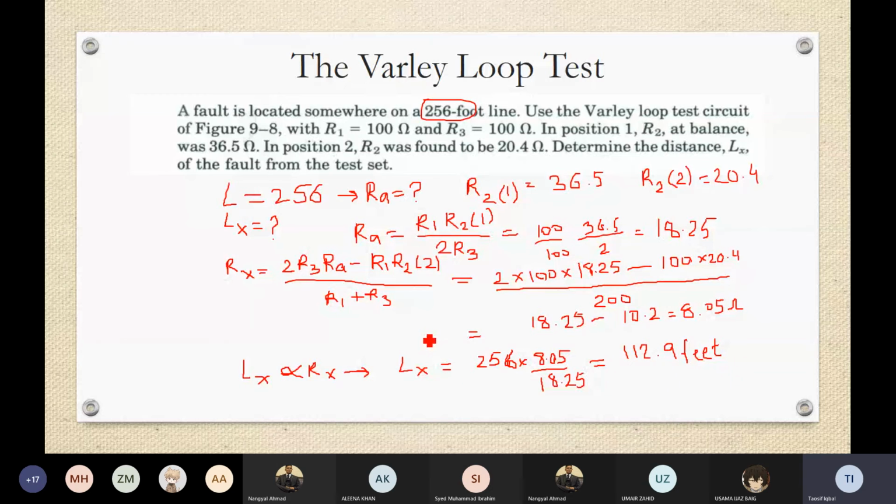So this is how we are going to implement this Varley loop test, and we will get the value of distance.